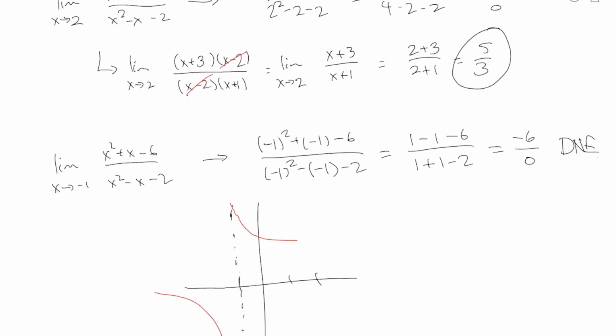So what that means is the curve here looks like one of these. It has an empty circle with no filled in part. And then that point right there, the y value is 5/3. So these limits tell us something about what the graph looks like near this point versus this point. The answer is near 2, it looks like a hole in the graph. Near -1, it looks like an asymptote. So they're quite different looking.